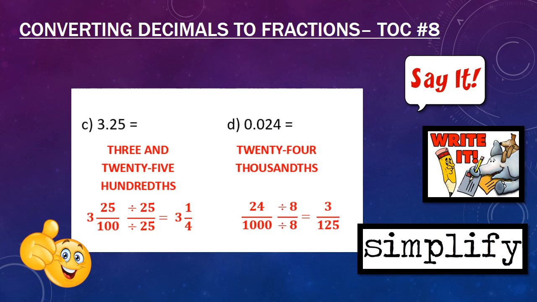If you don't recognize what number is the greatest common factor to simplify by, you can always start, if they're both even, with the number 2. Divide both in half, because that's what dividing by 2 is, and you would end up doing multiple divisions. But if that's easier for you because you don't know your math facts, start there.